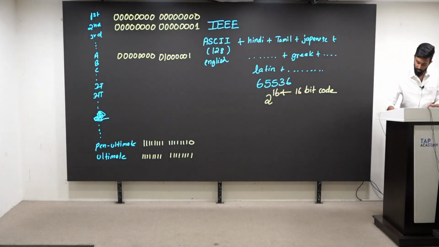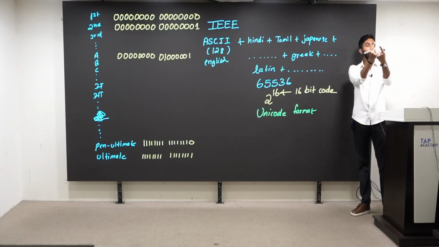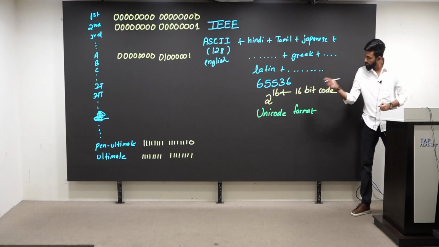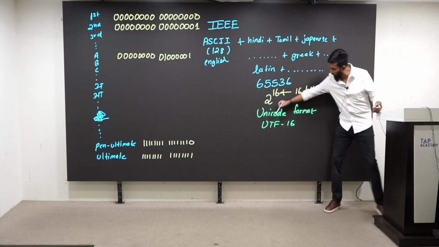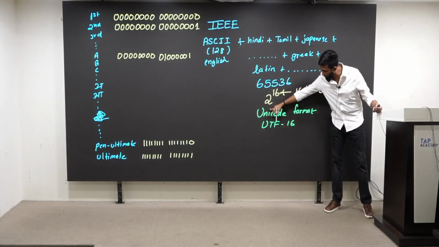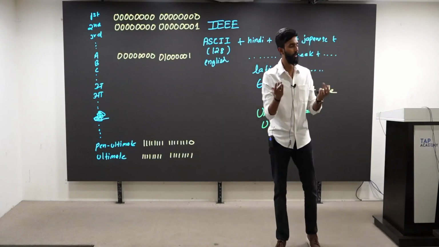The name of this format, my friends, is called the Unicode format. What is it called? Unicode, short for Universal Code. Some people also call this UTF-16, Universal Translation Format. 16 because how many bits? 16 bits. I think you understood.